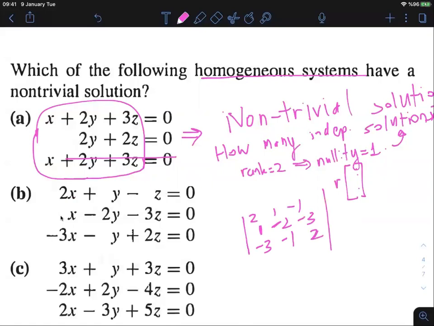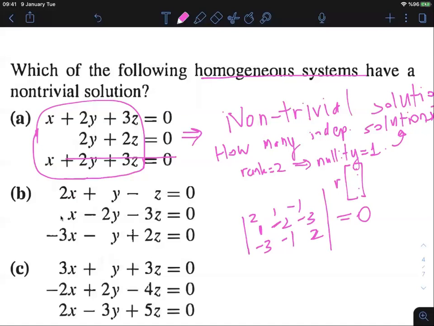If this determinant is non-zero, then there is only the trivial solution. If the determinant is 0, then there will be infinitely many solutions. Can anybody see if we can obtain the third row from the first two?